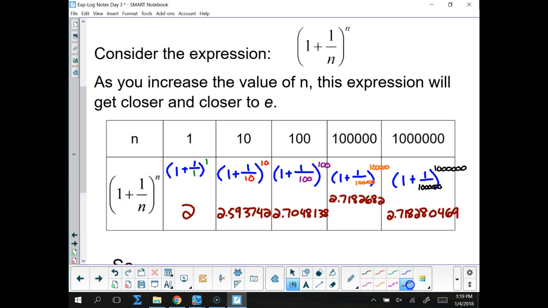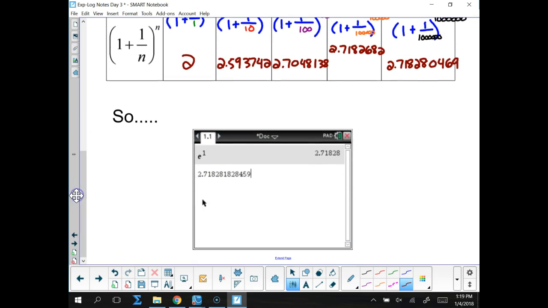Now, if I were to go out to infinity, then e is equal to 1 plus 1 divided by infinity, to the infinity power. I can't do that on my calculator, so I just have to trust the fact that e is actually equal to 2.718281828459.